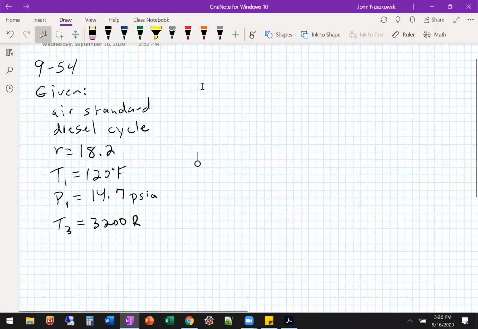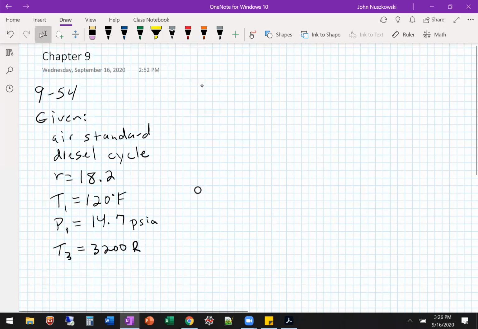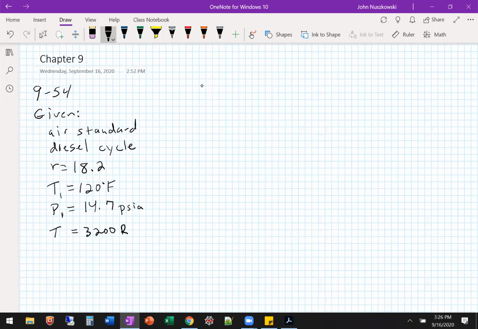Then you can just leave it as a T temperature, and maybe call it end of heat addition, or circle it and say, when is this? We'll figure that out in a minute. And then it says use variable specific heats, okay?